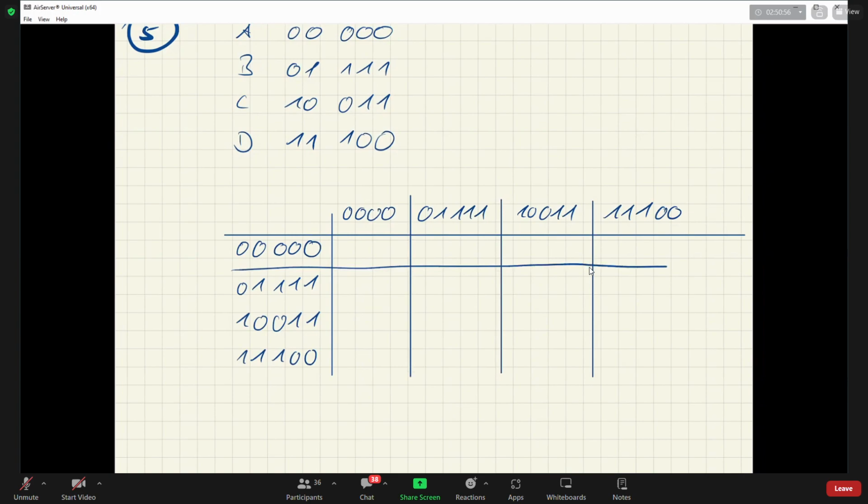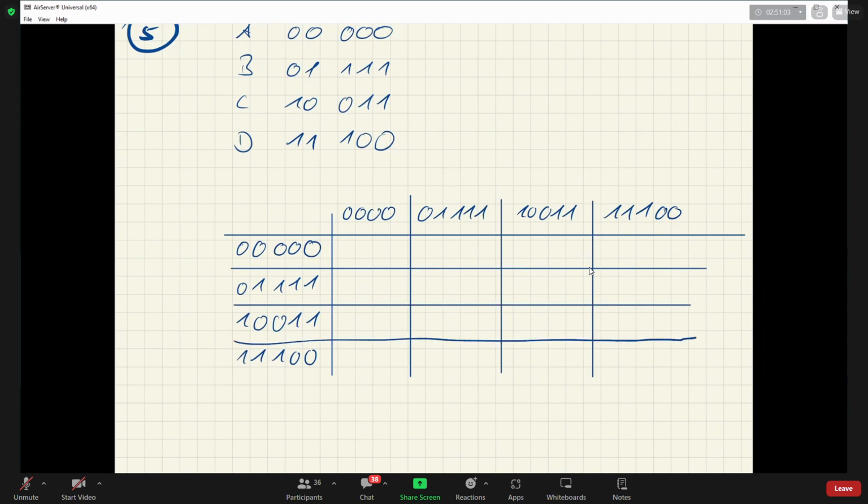On the diagonal, we will have, of course, a Hamming distance of 0, because it's always the same symbol, so we can directly fill in 0, 0, 0, 0. Then, comparing A, B, C, D against B, C, D: if we are comparing A and B, the Hamming distance is 4.